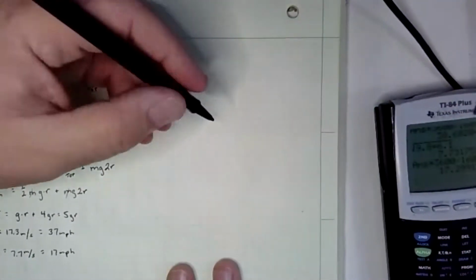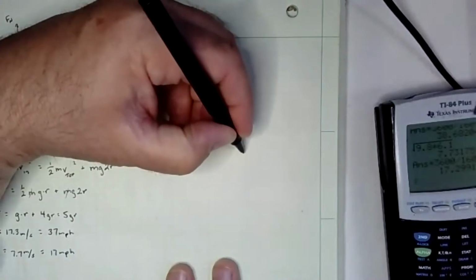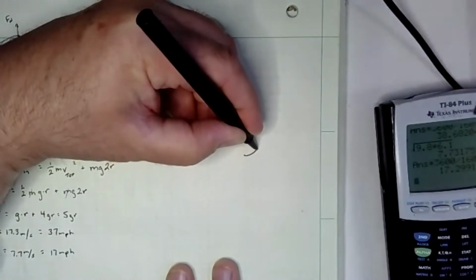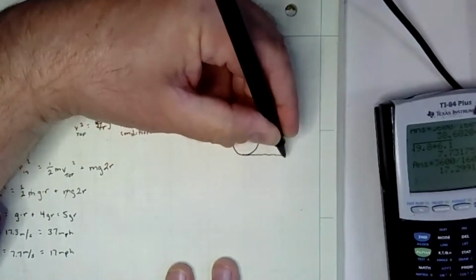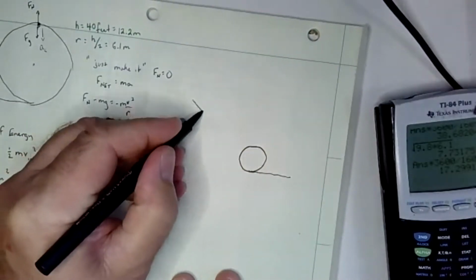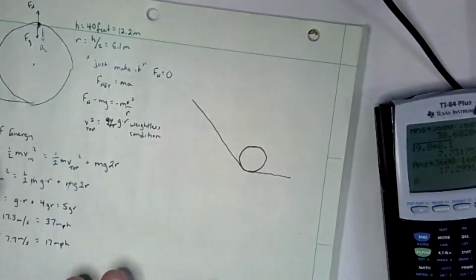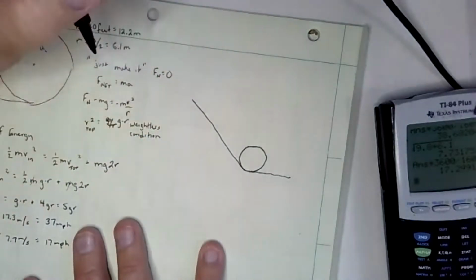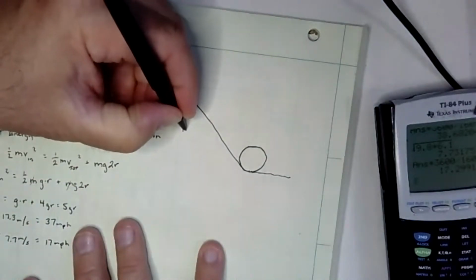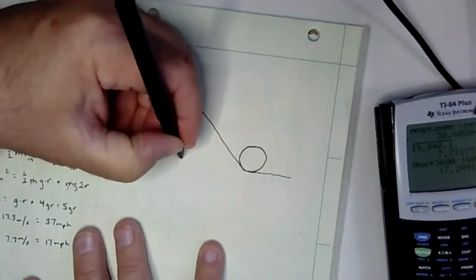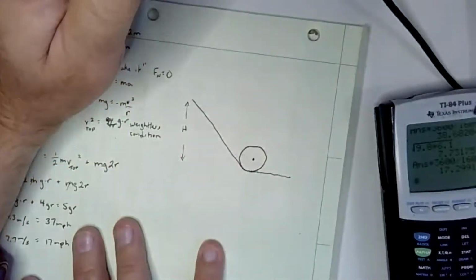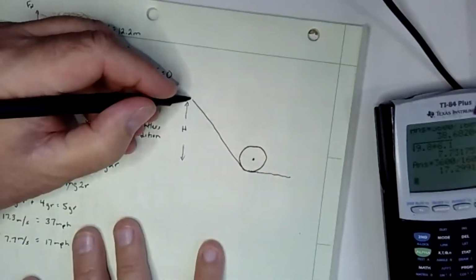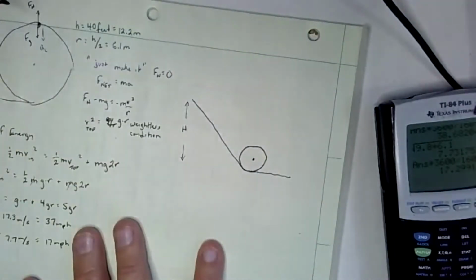And there's lots of different ways that you can do this, because we could also do this from sort of a roller coaster point of view. So I'll make the loop a little bit smaller. And in a roller coaster, all the kinetic energy comes from having a certain height that we're starting from. So I'm going to call this capital H and ask ourselves, how high does this have to be in order for us to make it over the circle?